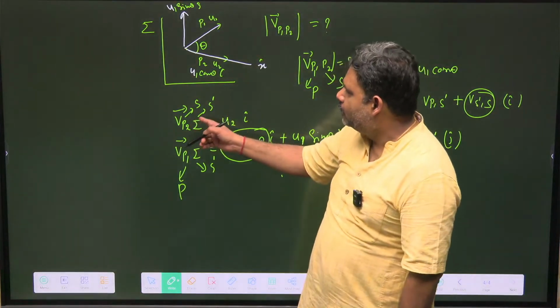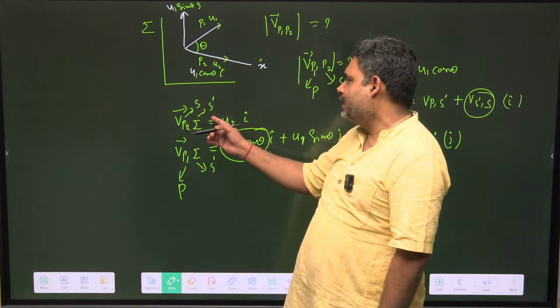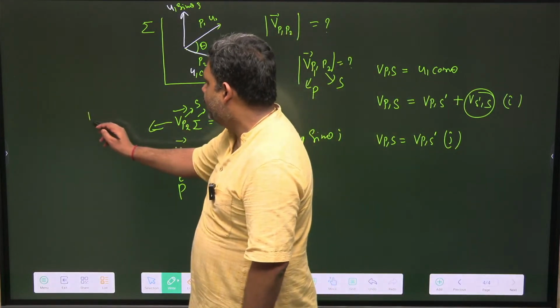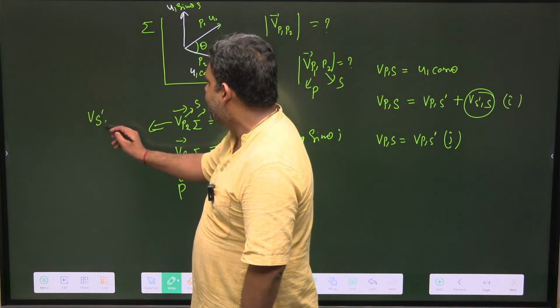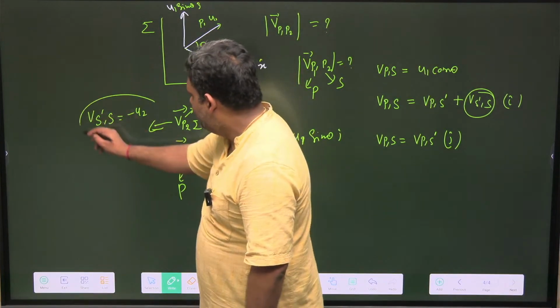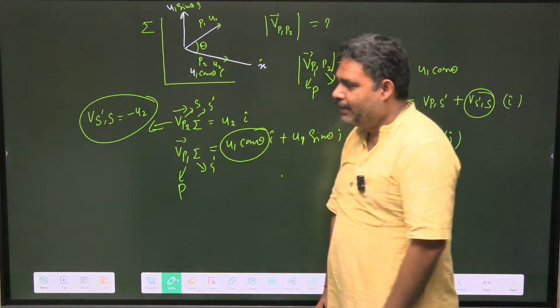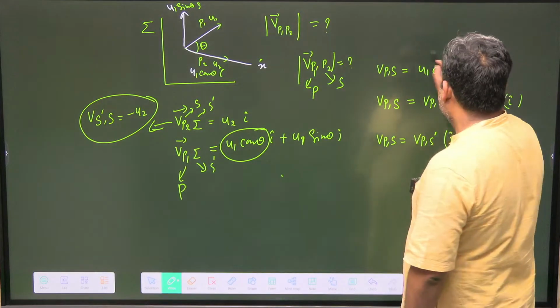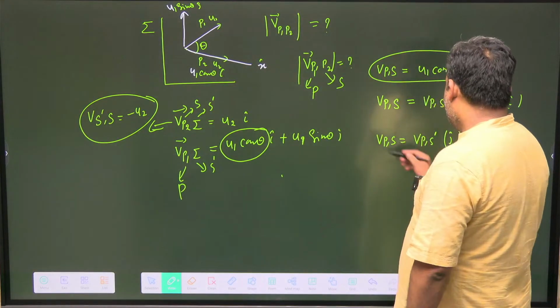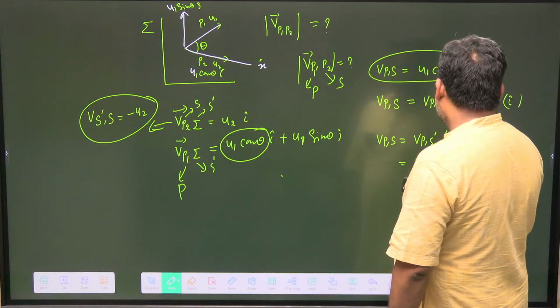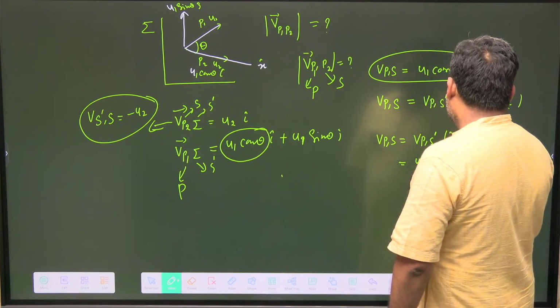It is given as the velocity of S with respect to S dash, so the velocity of S dash with respect to S is nothing but minus U2. So this value is minus U2. And the other component will be exactly the same, that is U1 sin theta.